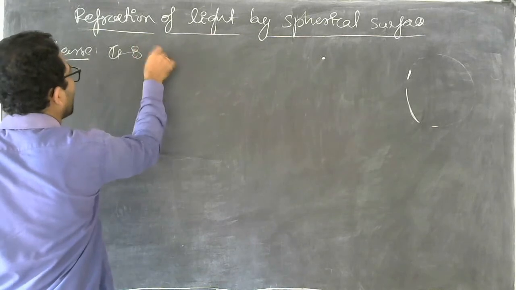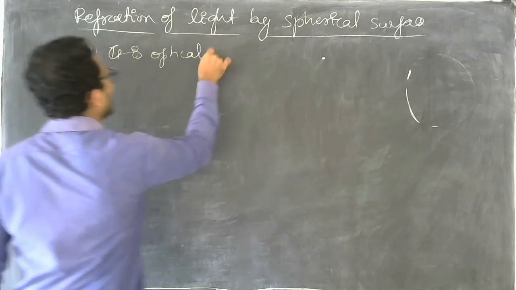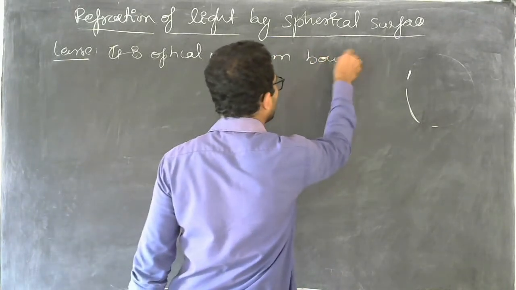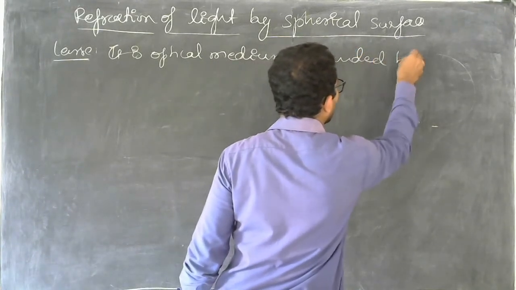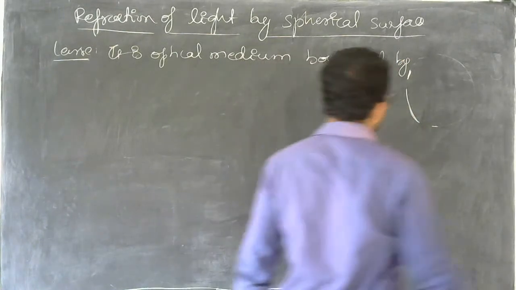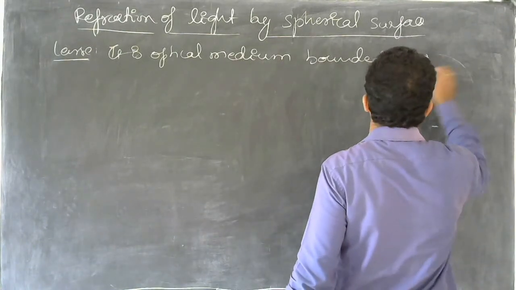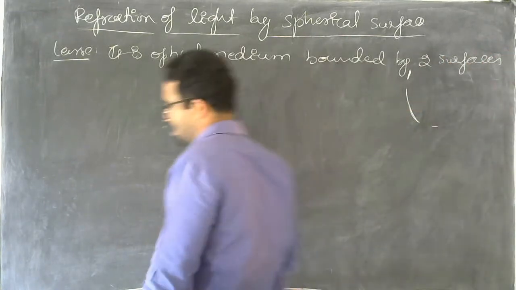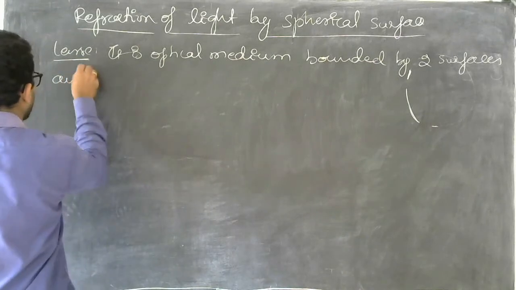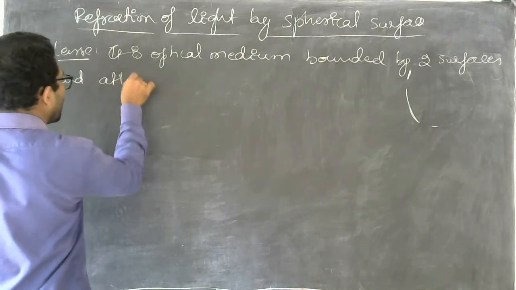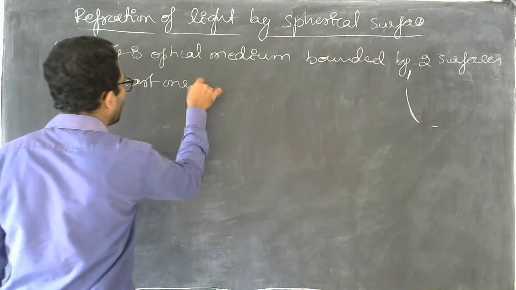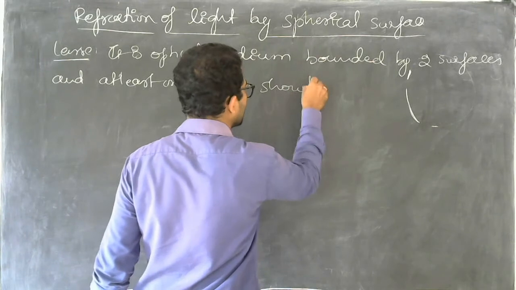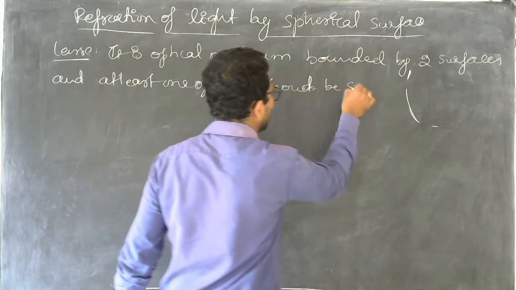It is an optical medium bounded by two surfaces, and at least one of them should be spherical.